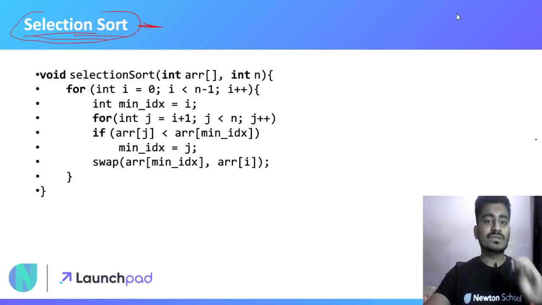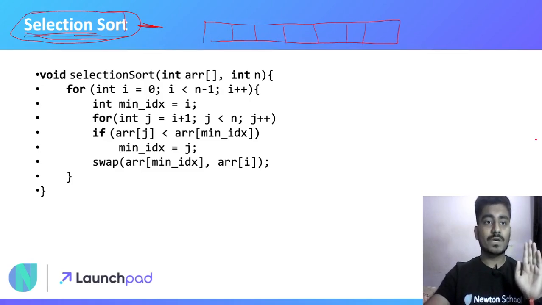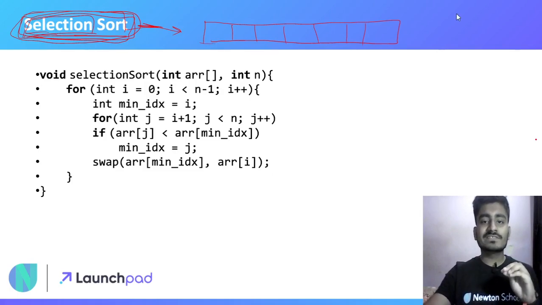What we do in this sorting algorithm is, as the name suggests, just relate this whole algorithm with its name, okay. What we do is, we will select the minimum element in this whole array, and we will place it at the starting position, okay.